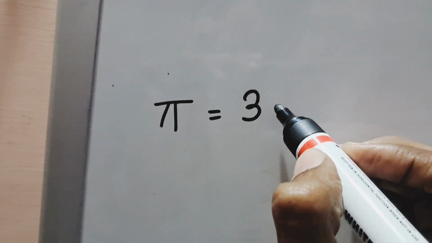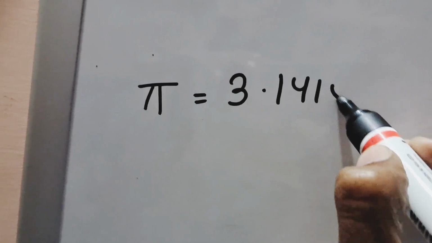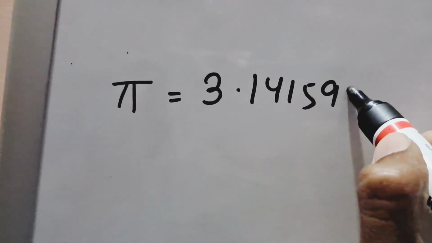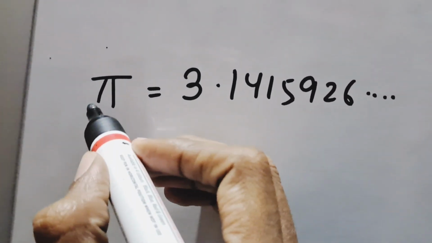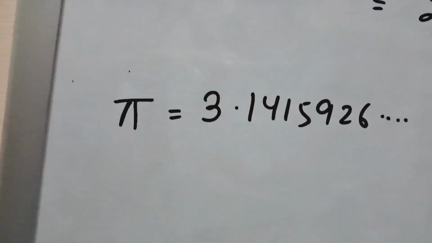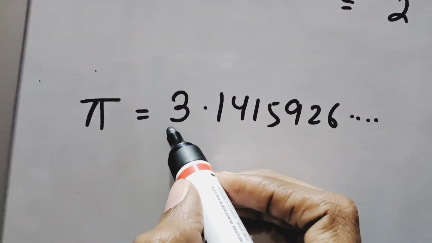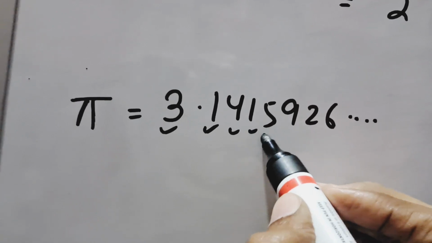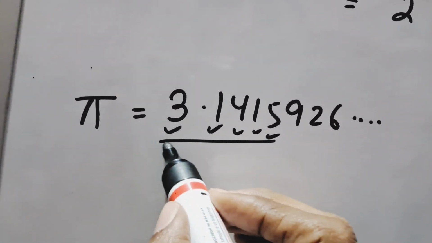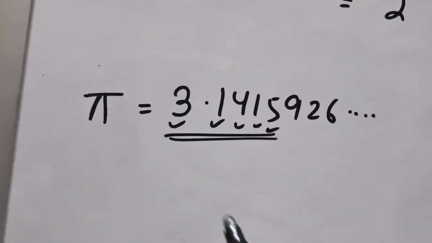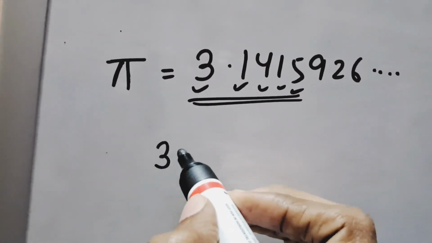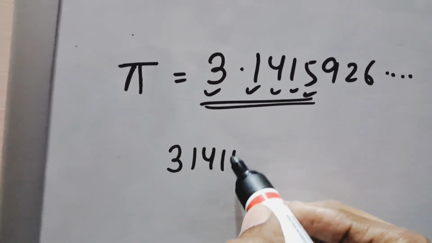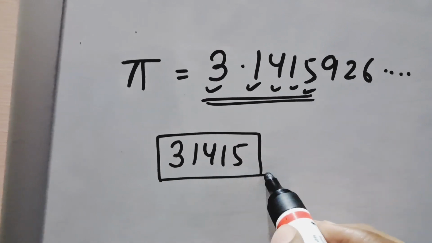We know some digits: 3.1415926 and so on. This is an irrational number. So the first 5 digits will be 3, 1, 4, 1 and 5. At least if we know the first 5 digits, then we can know the password. So our password is nothing but 31415. This is our Wi-Fi password.